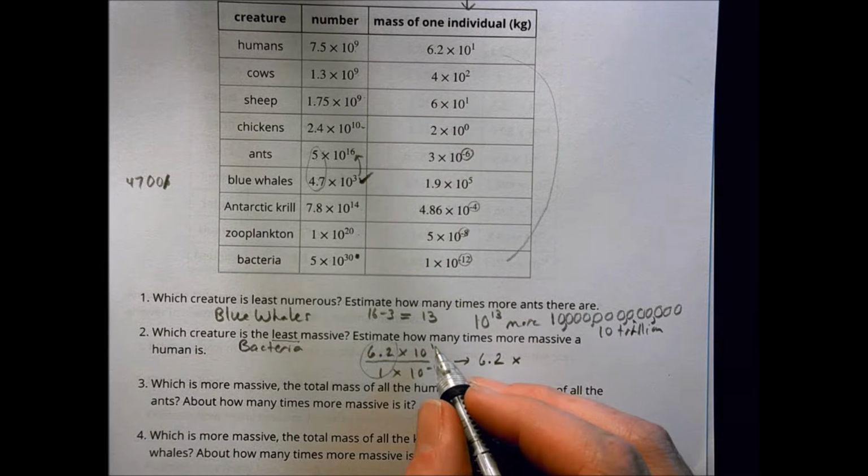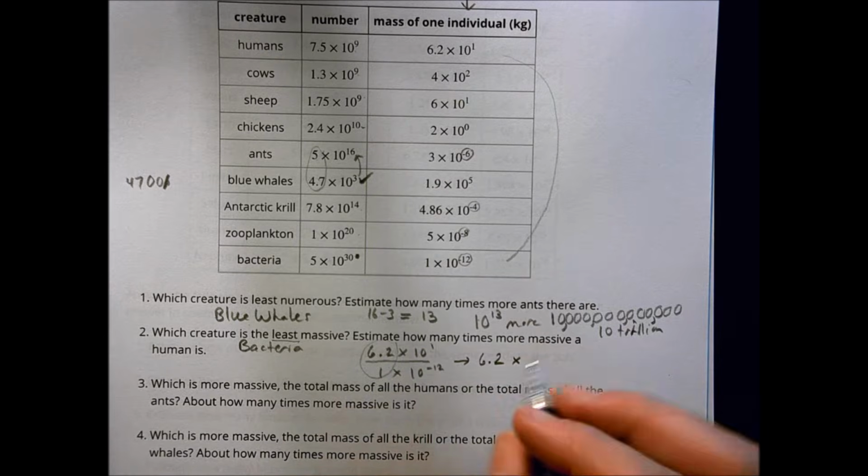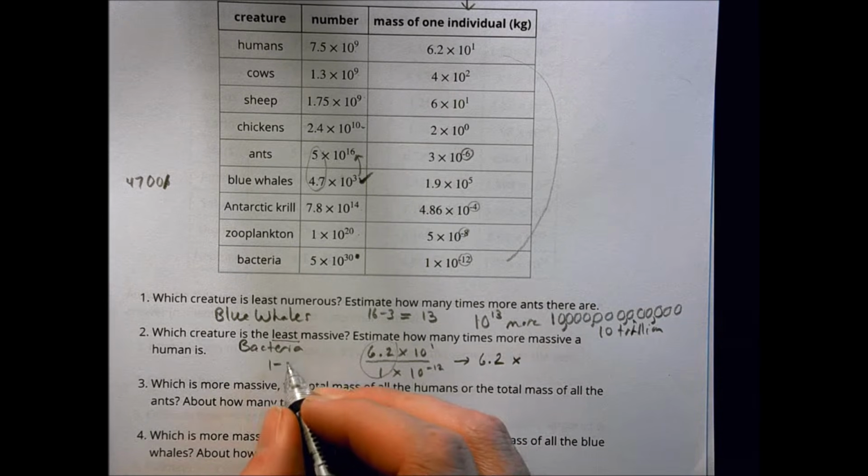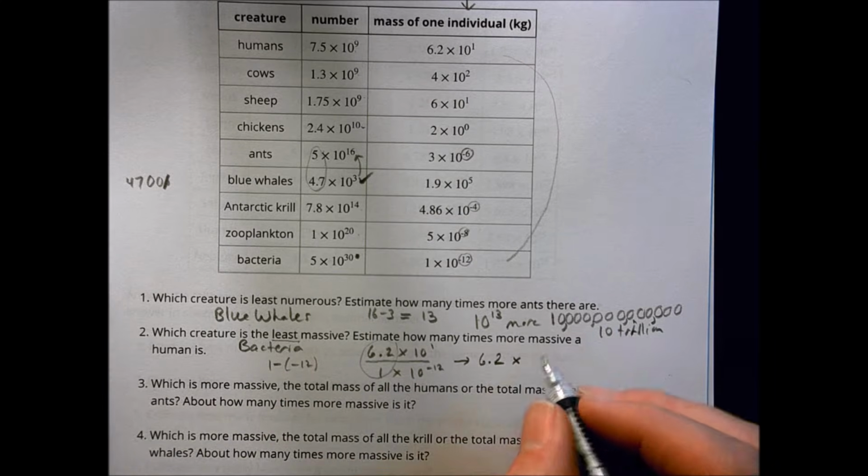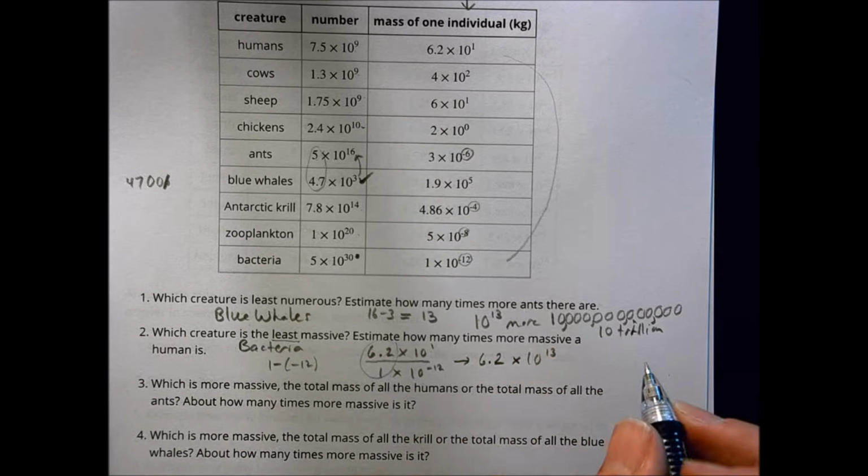And then this becomes 1 minus minus 12. Again, think about it: 1 minus minus 12 is actually going to be 13, so 10 to the 13th power.